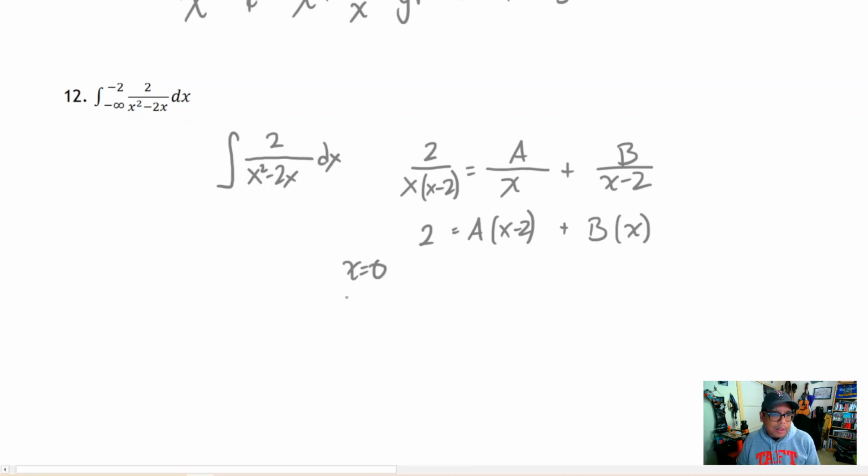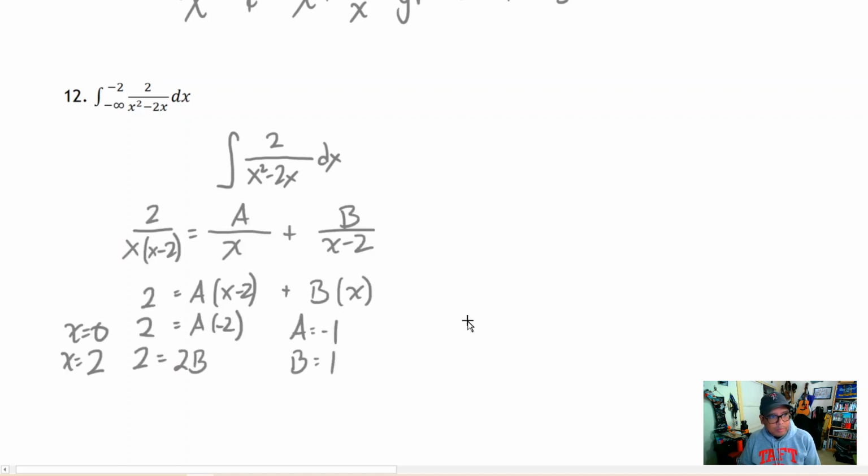Next, we'll substitute some convenient values for x, starting with x equals 0, which tells me that 2 is equal to a times negative 2, which is a equals negative 1. The next convenient value here is x equals 2, which makes my equation 2 equals 2b, or b equals 1.